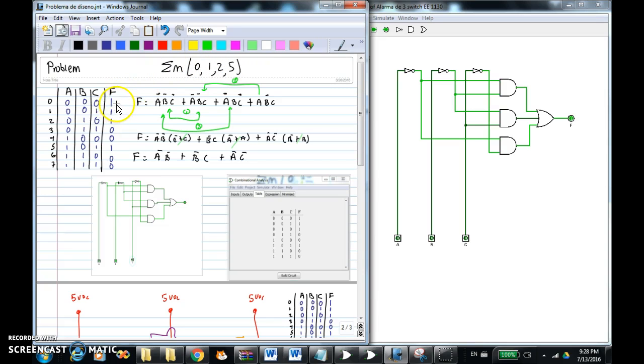So we start with the first one, and we see A inverting, B inverting, C inverting is the first one, right?